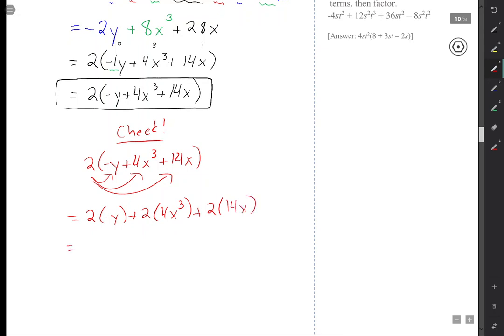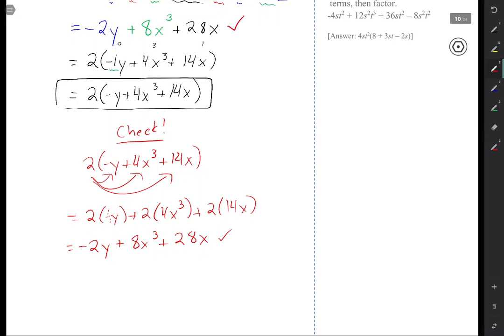So 2 times negative, remember there's an invisible 1 here, so 2 times negative 1y would give us negative 2y, plus 2 times 4 is 8x cubed, plus 2 times 14 is 28x. And that brings us back to this original simplified version of the expression. So we know we got the right answer.